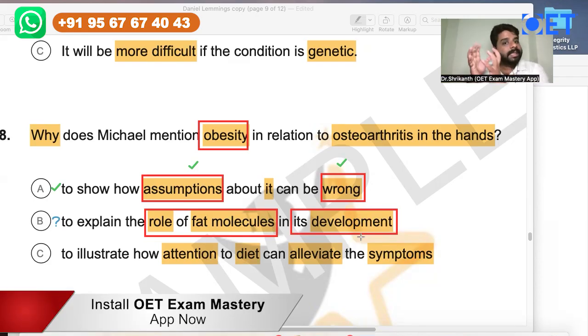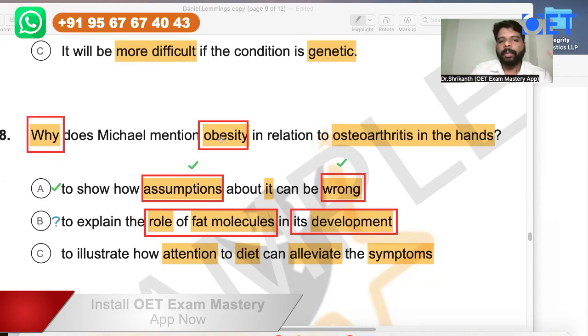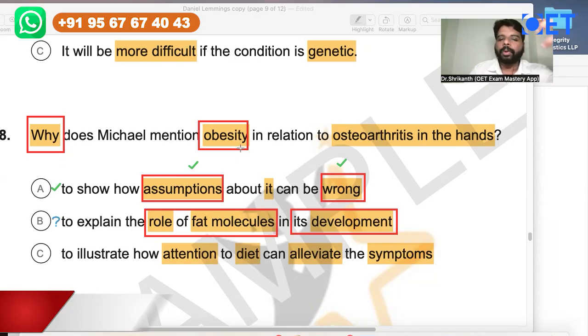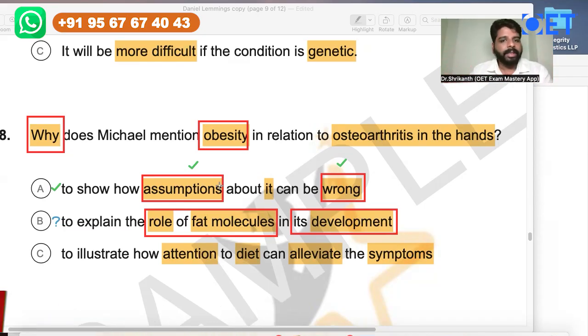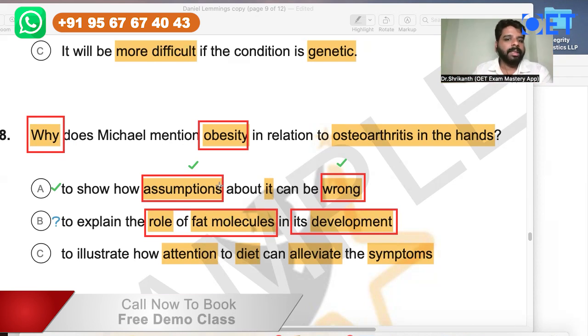Even though he's saying this, your duty is not to find what he's saying. Your duty is to find the reason why he is talking about obesity. The reason is to make us understand that there are certain myths, certain assumptions, and they are wrong. That is the reason he is bringing up obesity. He is not bringing obesity to tell us how fat molecules cause osteoarthritis.